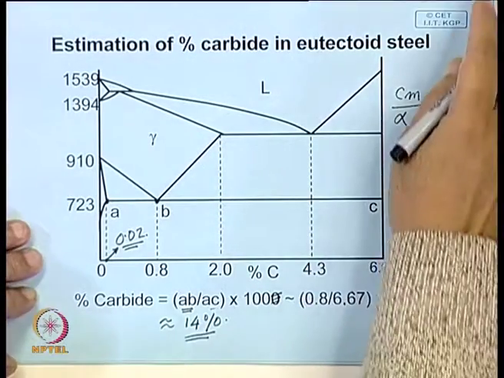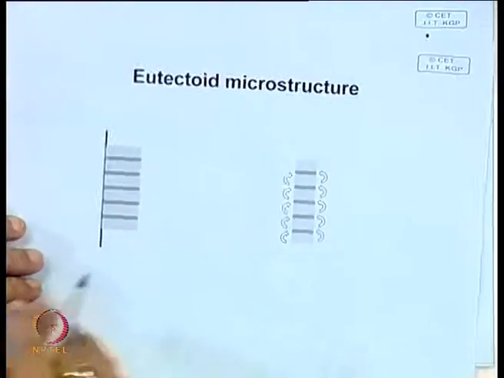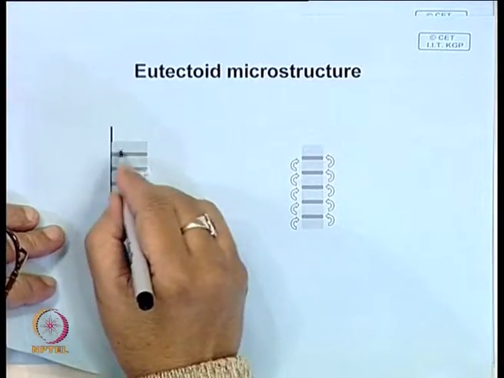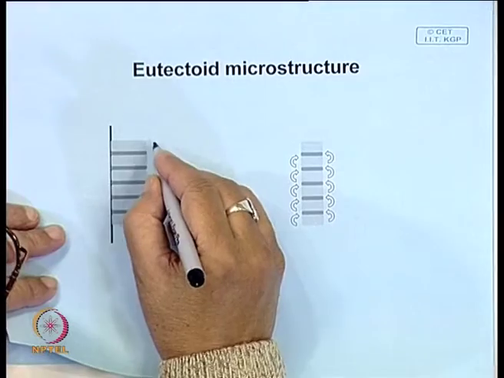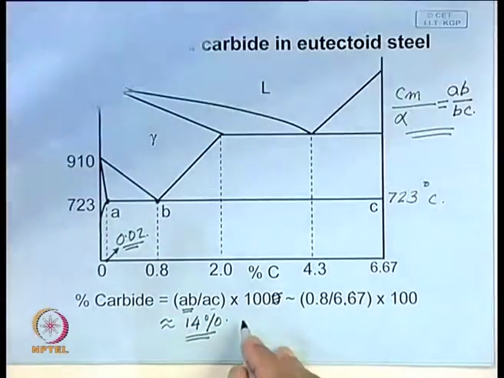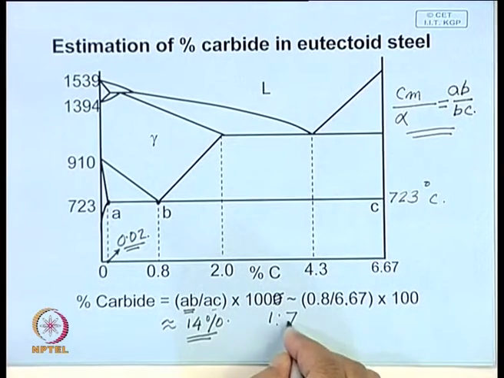So, if you look at the microstructure, this type of pearlitic structure, the carbide comes out to be approximately 14%, which means you can say 1:7.